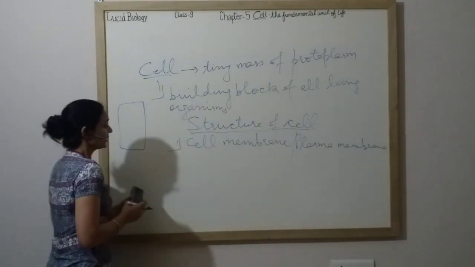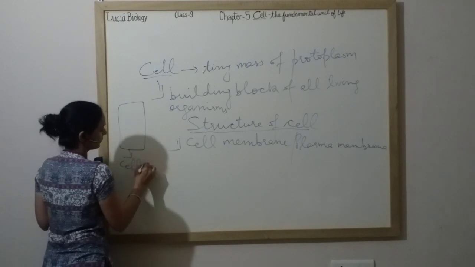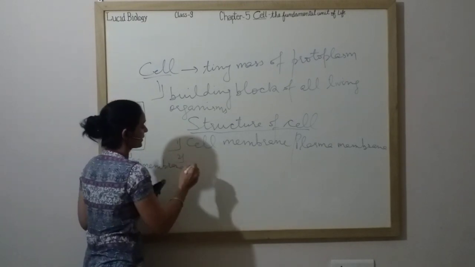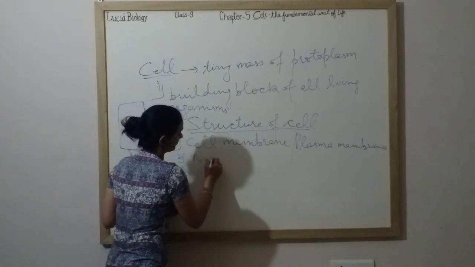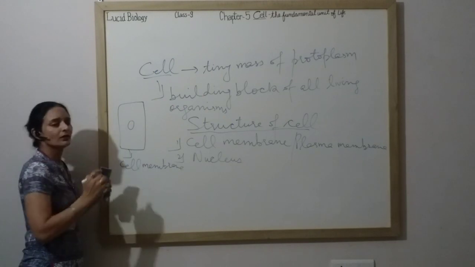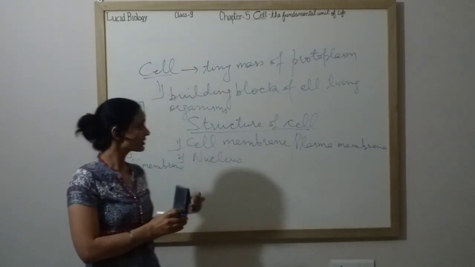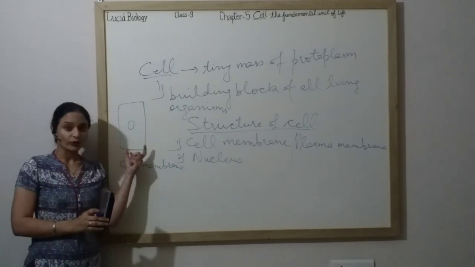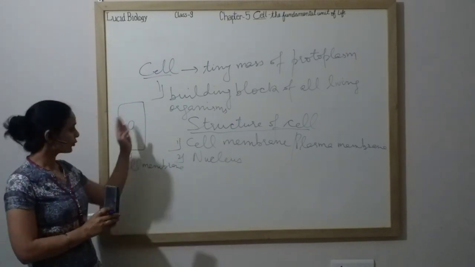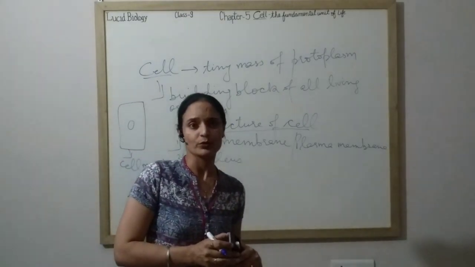Then the second part is the nucleus, which is mostly in the center of the cell. In plant cells, this nucleus is pushed to the periphery because in plant cells there is a large vacuole. Due to that large vacuole, the nucleus is pushed towards the membrane. Otherwise, the nucleus is central in position.